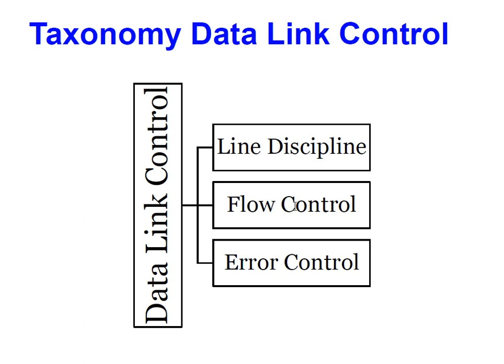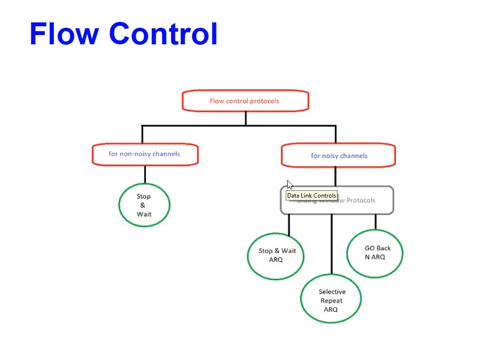Now we go to the next section, which is flow control. This is a very important section. Flow control is basically a set of procedures that tells the sender how much data it can transmit before receiving an acknowledgement.